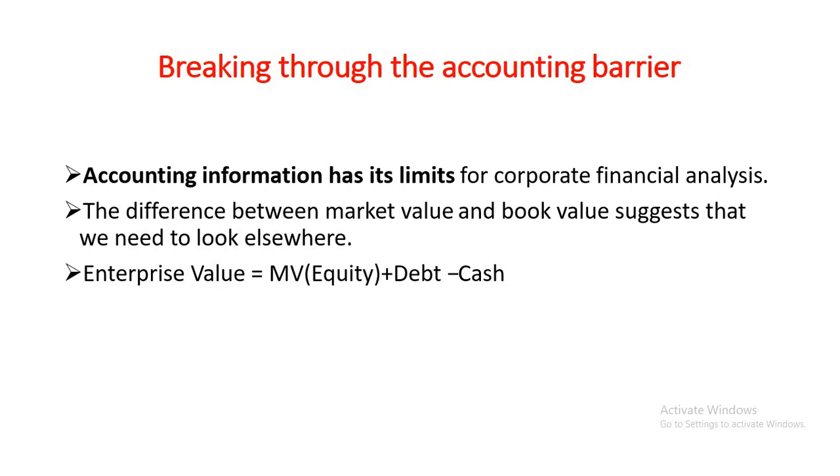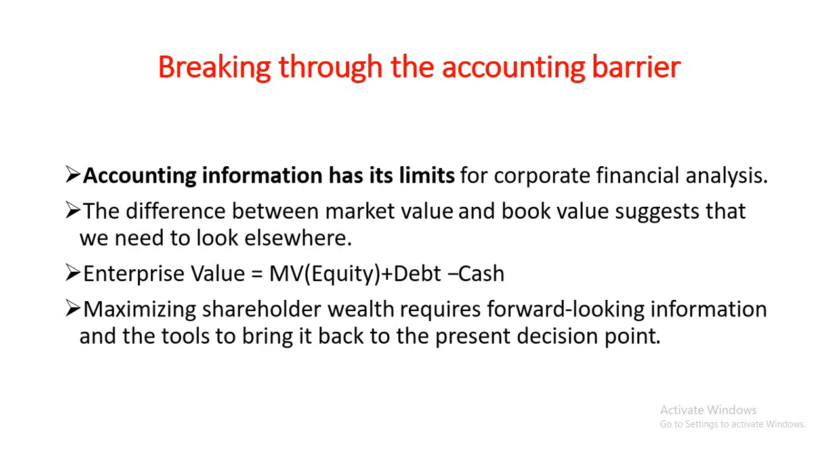But this is not everything. Apex has to take over all the debt of Bata as well. However, Apex will also get the cash position of Bata. So in this case, the enterprise value of Bata for Apex will be market value of equity plus all the debt minus cash.